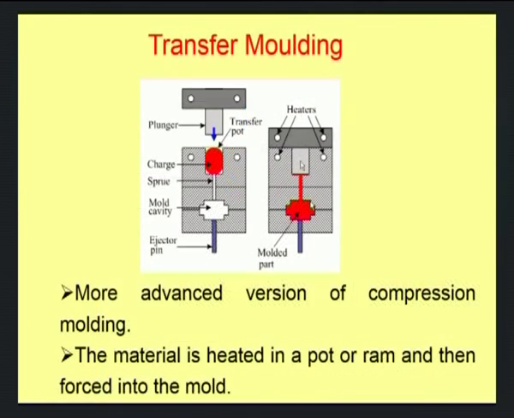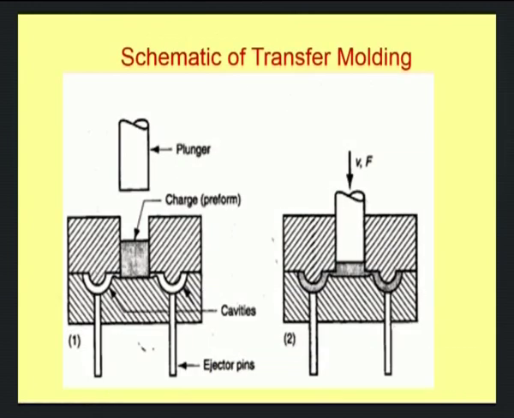So, transfer molding could be viewed as an advanced version of compression molding. The material is heated in a pot or ram and then it is forced into the mold. That is why it is called transfer molding. This is another example of transfer molding where, instead of a single cavity, one can also go for a multi-cavity mold.